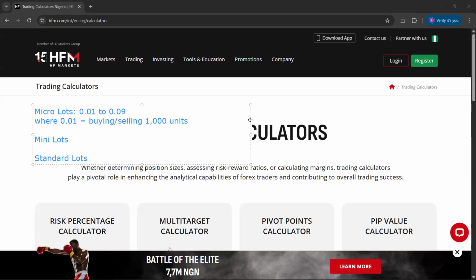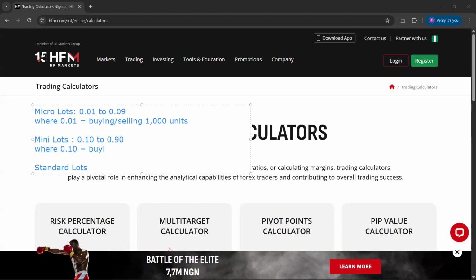So the mini lot picks itself up from 0.10 and it stretches out to 0.90, where 0.10 equals you buying or selling 10,000 units of the asset in question.